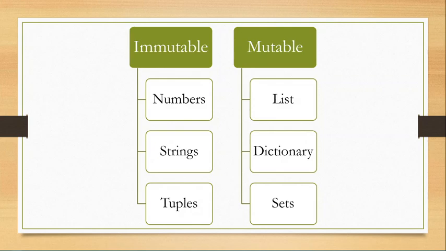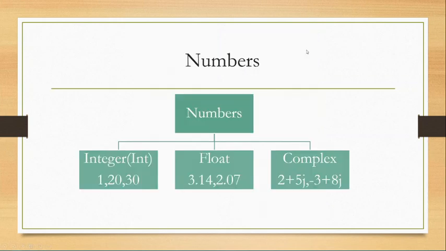Mutable and immutable objects can further be classified: numbers, strings and tuples come under immutable objects. List, dictionary and sets come under mutable objects. Let us learn about the data type numbers.